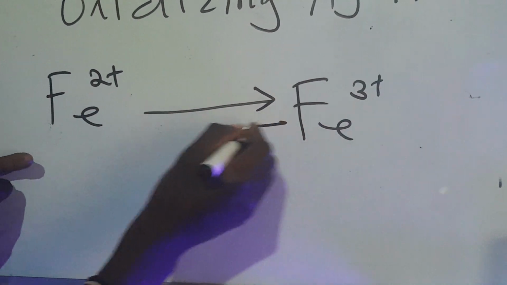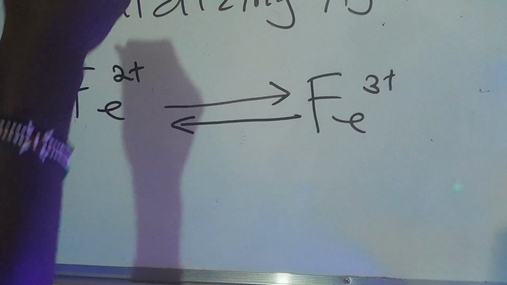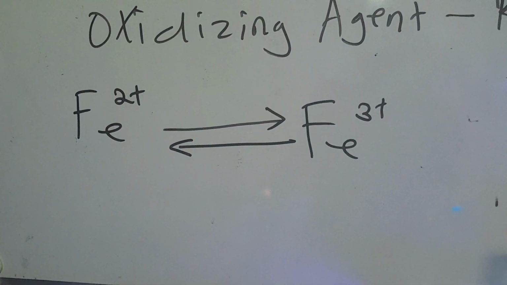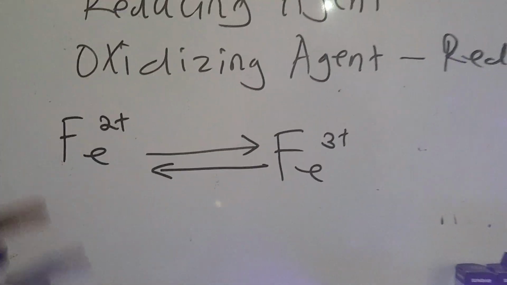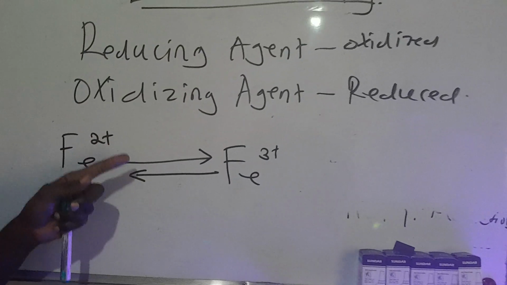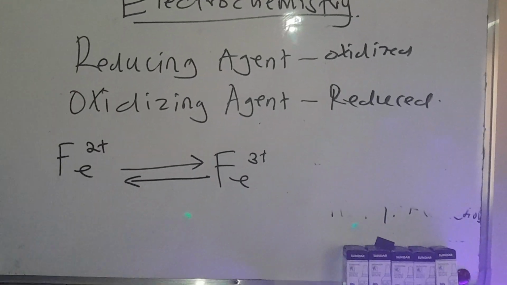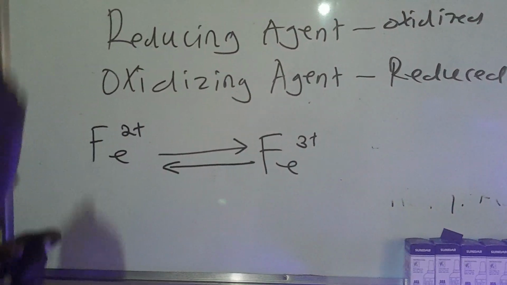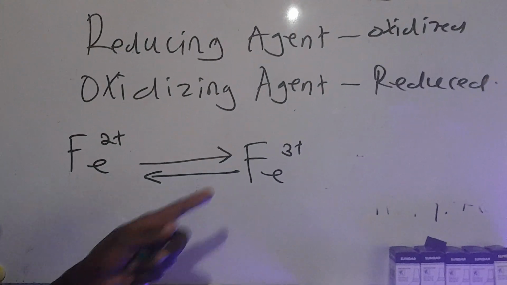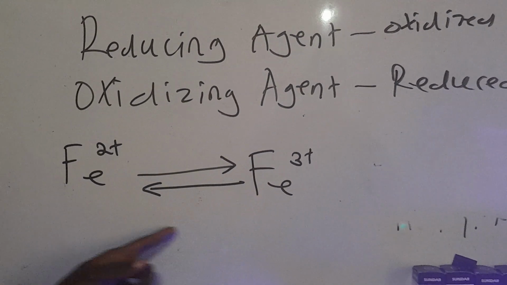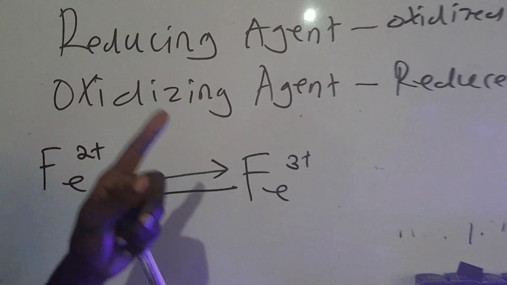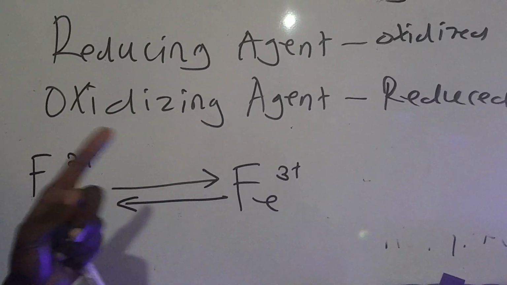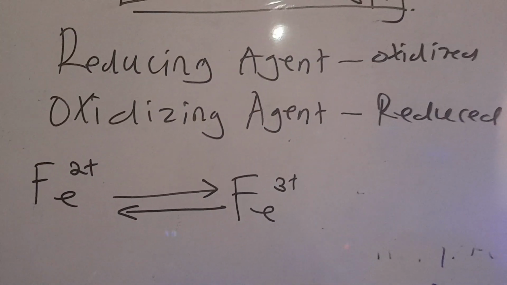Iron 3 can still be reduced to iron 2. So when iron 2 is being oxidized to iron 3, iron 2 is a reducing agent. And when iron 3 is being reduced to iron 2, iron 3 is an oxidizing agent.